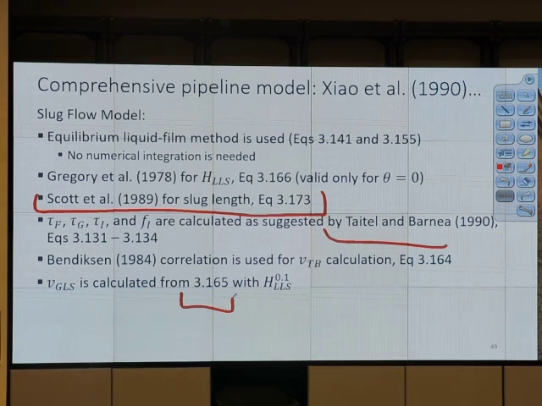And the top equation, right? Is this a typo that they use HLS to the power of 0.1 for VGLS? That equation is 0.5, but that's not what Xiao use. Where do I get this information from? What do you think?